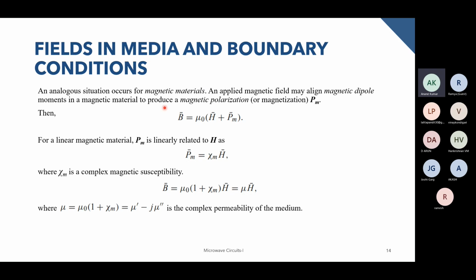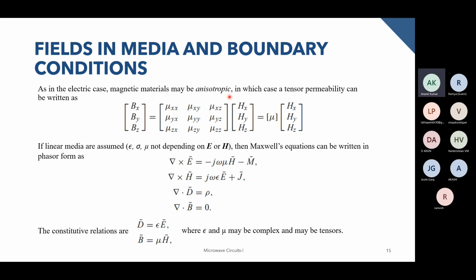Then we did a similar study for the magnetic field. We gave a relationship between magnetic flux, magnetic field, and the magnetic polarization, and we defined the magnetic polarization in terms of magnetic susceptibility. Again, we defined the complex permeability of the medium. Similarly, for an anisotropic medium, it is defined in terms of magnetic permeability as given in this form, where this particular tensor defines the way in which the magnetic flux and magnetic fields are related.